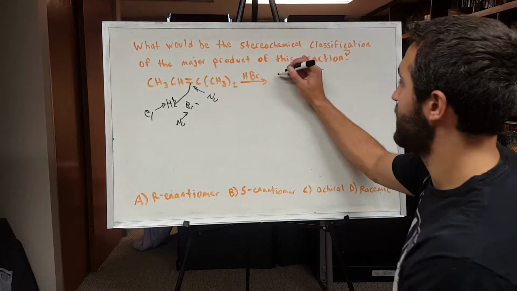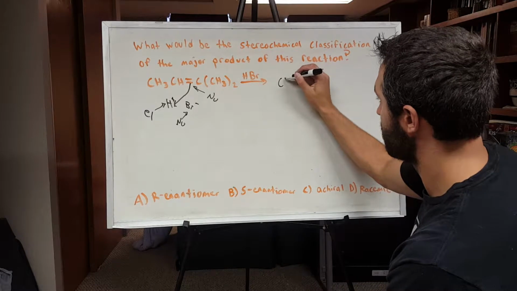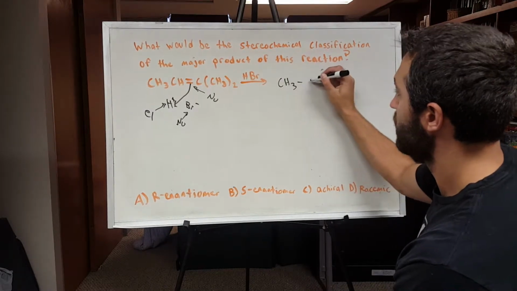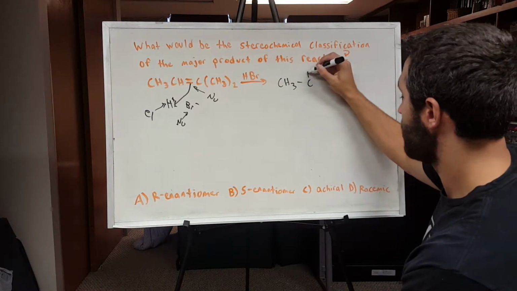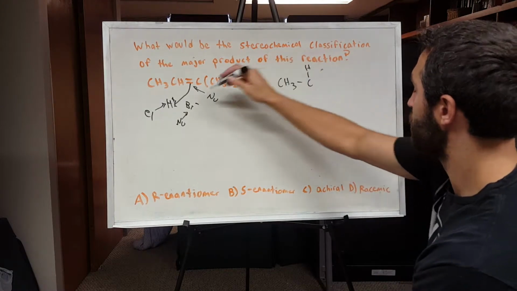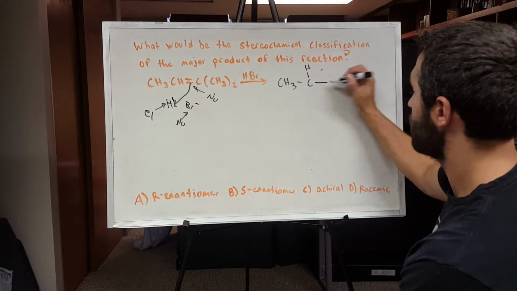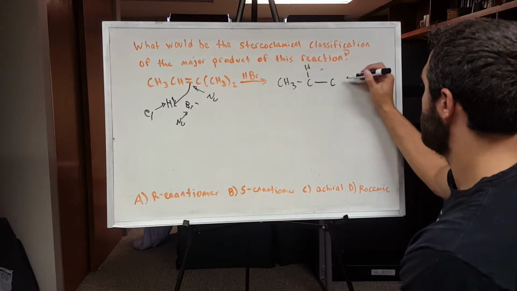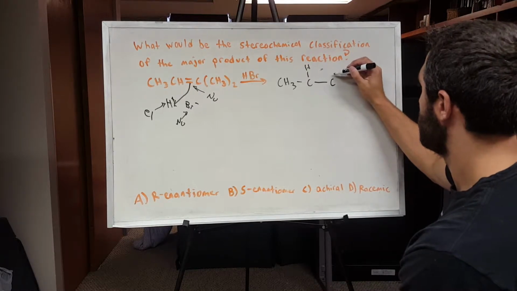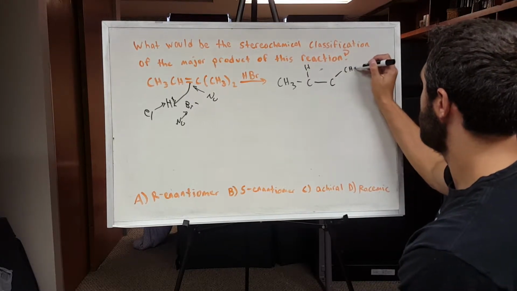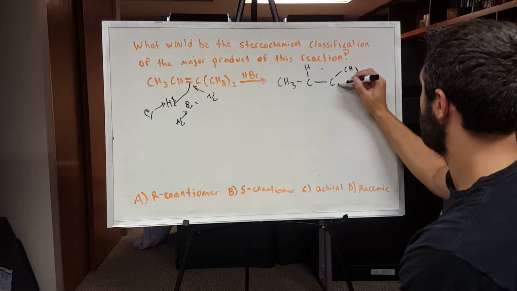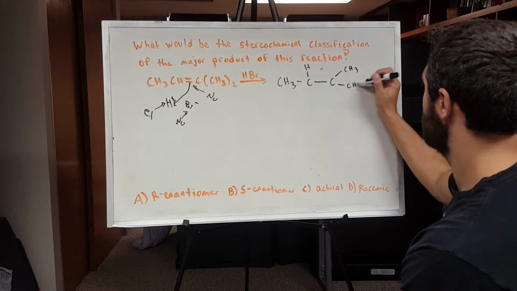So what are we going to get? Let's redraw this: CH3, we had a C, we have an H. We broke this double bond, so we have a C, a CH3 and a CH3.